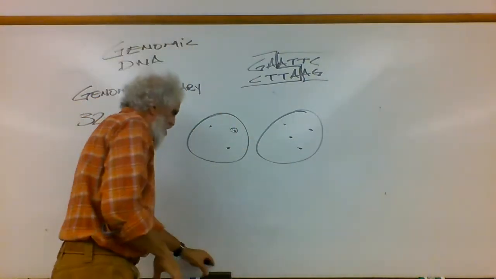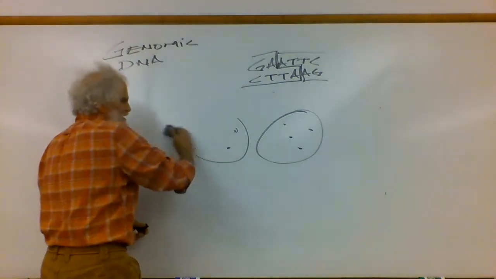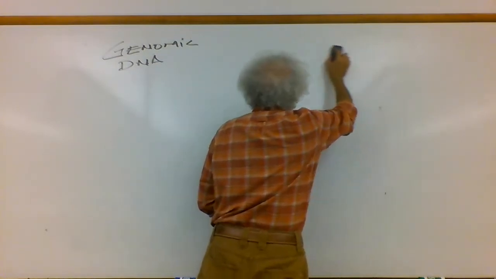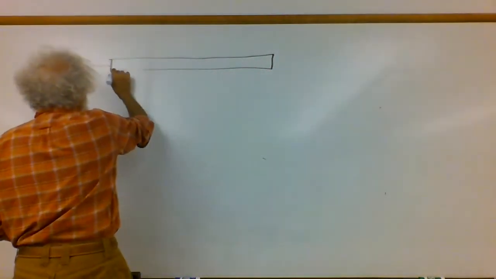And so with a genomic clone, this is the information that we can get from it. So a genomic clone, we expect to see this kind of information. Now, it's not going to be all necessarily on a single genomic clone.